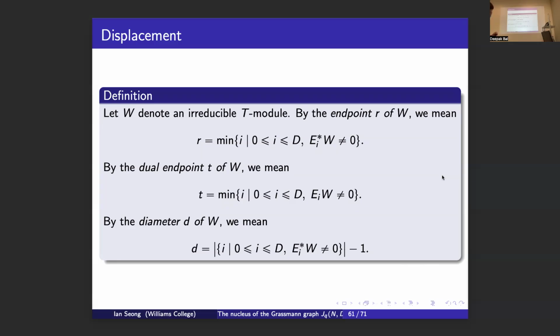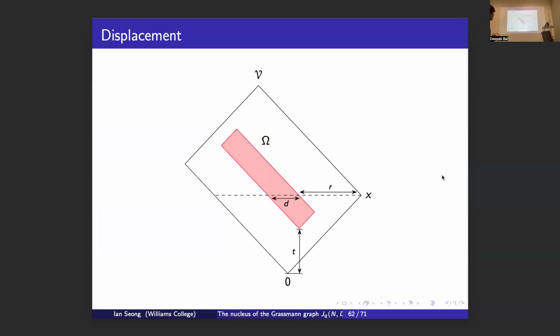So let's have a look at this using the diagram. Again, omega is our irreducible H module, and this double-headed arrow is our irreducible T module. R, which is the endpoint, is the distance between this red rectangle and the fixed vertex X. And then T is the dual endpoint, which is the distance between the 0 subspace and the bottom of the irreducible H module.